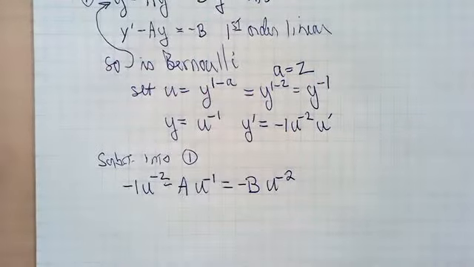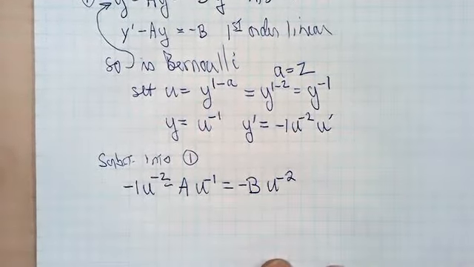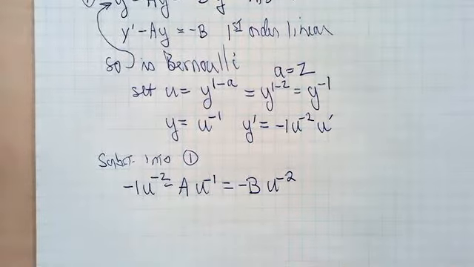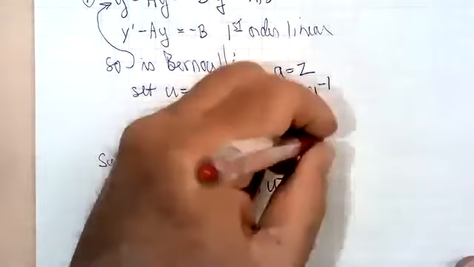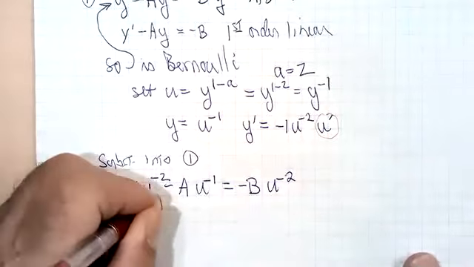It would look like if we multiplied this thing through by u squared, it would sure help. Oh, I forgot the u prime. See that right there? That goes in here.